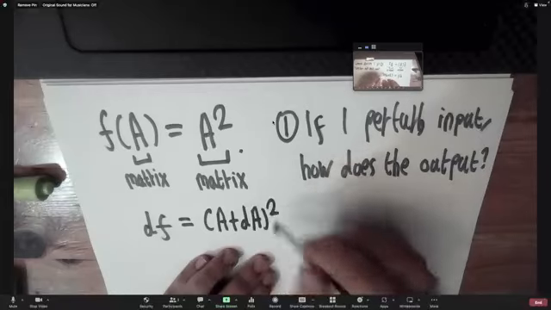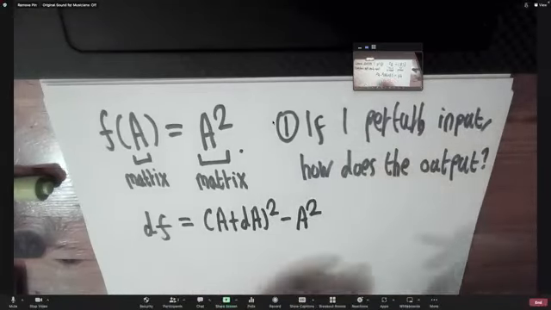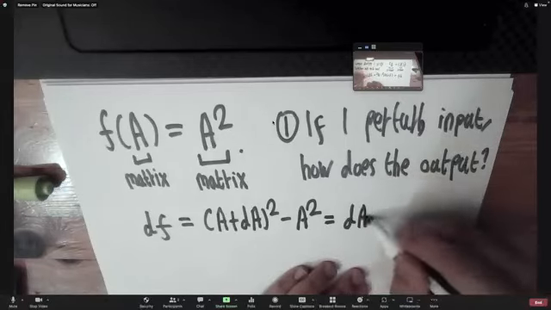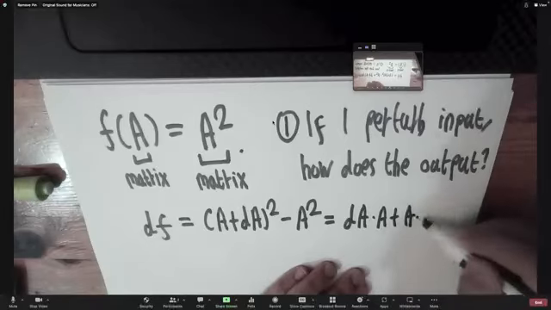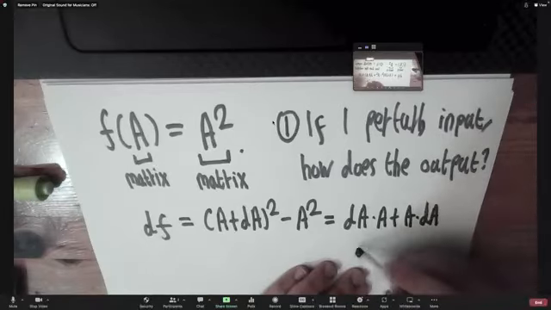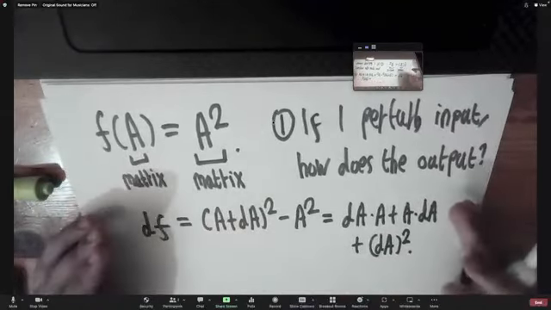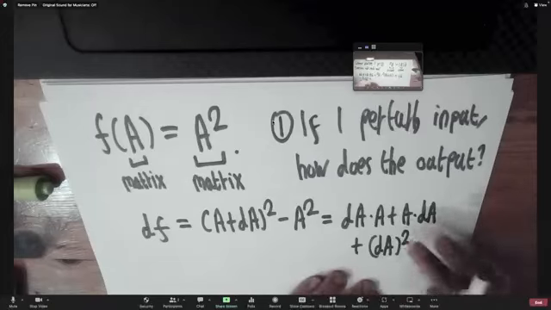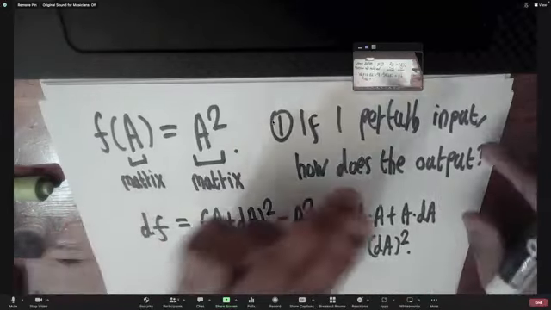This is a differential, so we subtract off the original A squared. You can expand this out, so the A squared terms cancel. You've done this, I'm sure, quite a few times. Then we have this dA squared term here. I know the next step you're probably eager to do is cancel off the dA squared, but this on its own is the answer to question one.